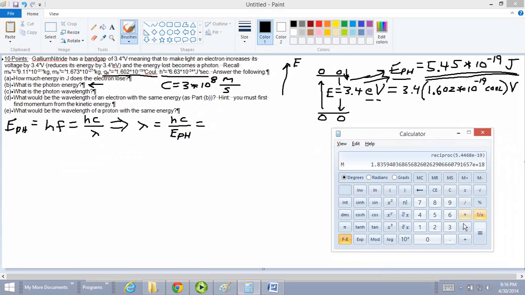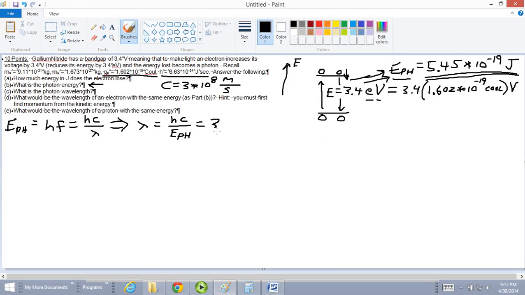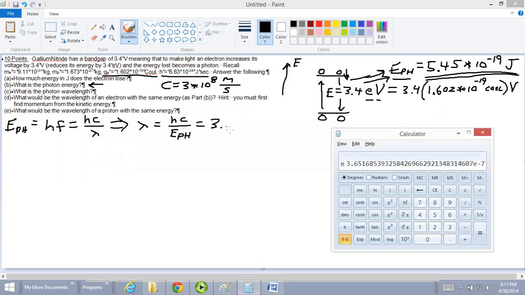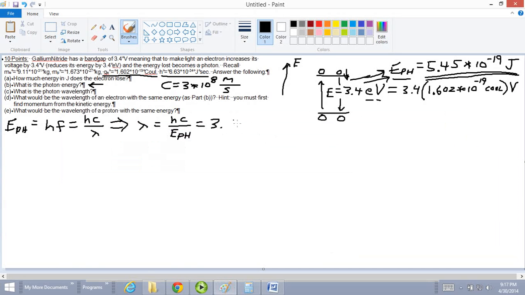I just take the reciprocal of it and multiply it by 6.63 e to the negative 34th times speed of light 3 e to the positive 8 equals 3.65 times 10 to the negative 7th. 365 nanometers.